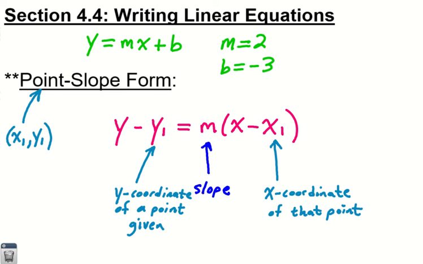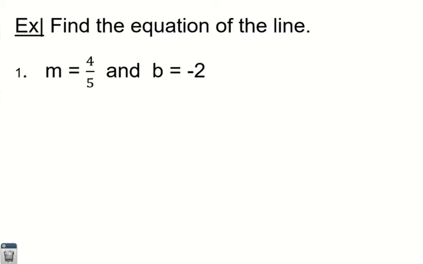All right? So let's see this in action. First example is, it's good to kind of throw one of these in here. Notice that they're giving us m and they're giving us b. And so we want to find the equation of that line.